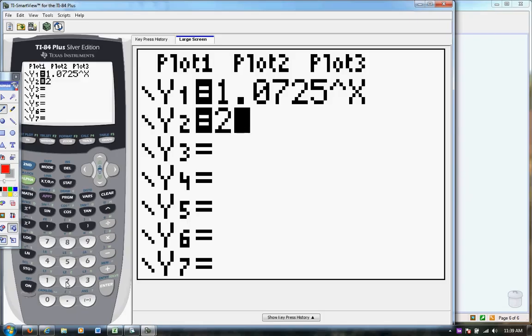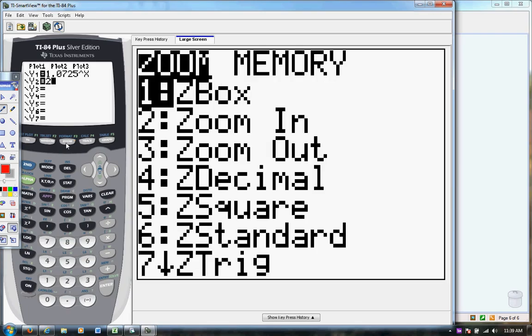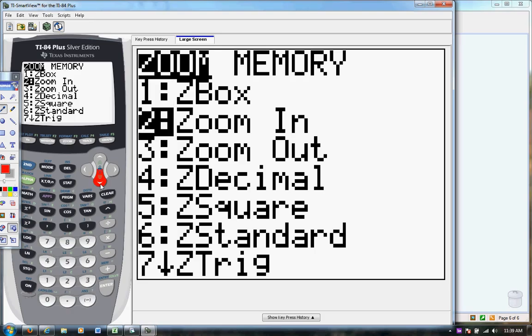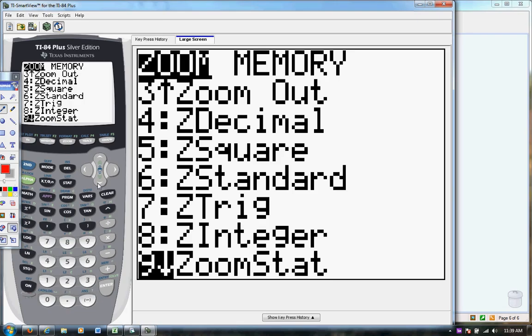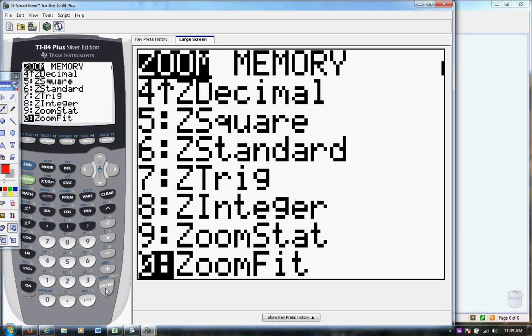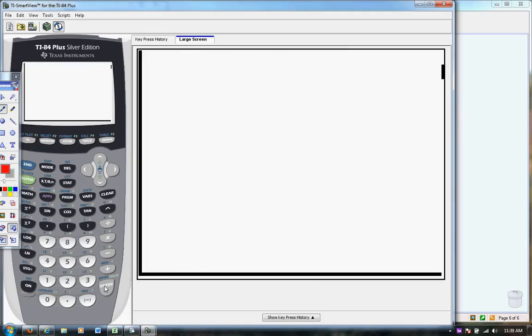And then we're going to graph it. We might want to try zoom fit, and just see if it will work it out for us. Oh, mine did it.